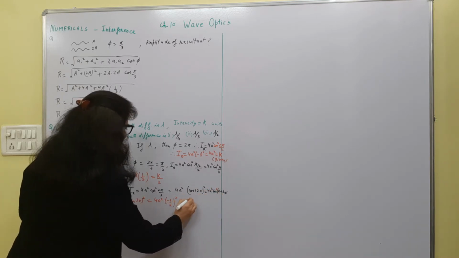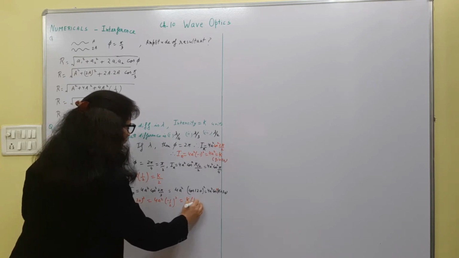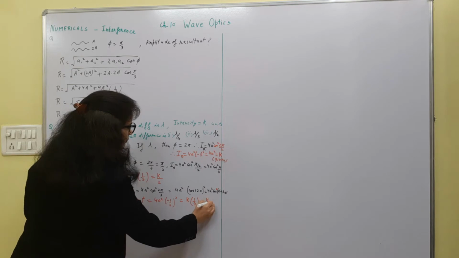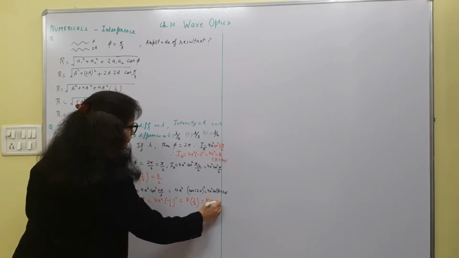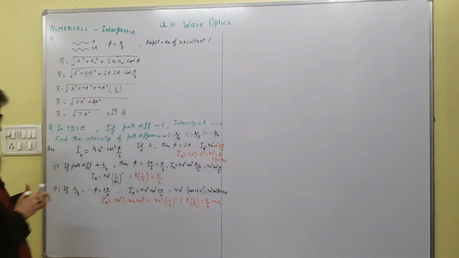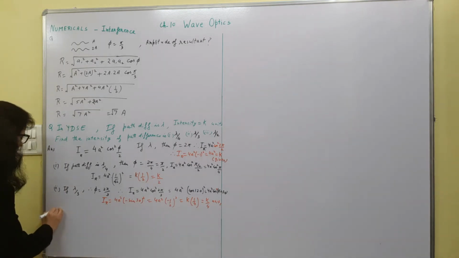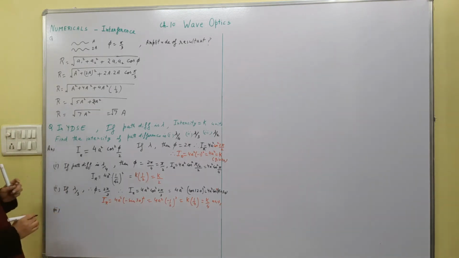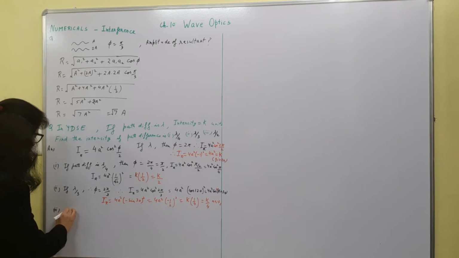This 4a square is k according to the question, and this is 1 by 4. So this gives me k by 4 units intensity. Now third case is lambda by 2.